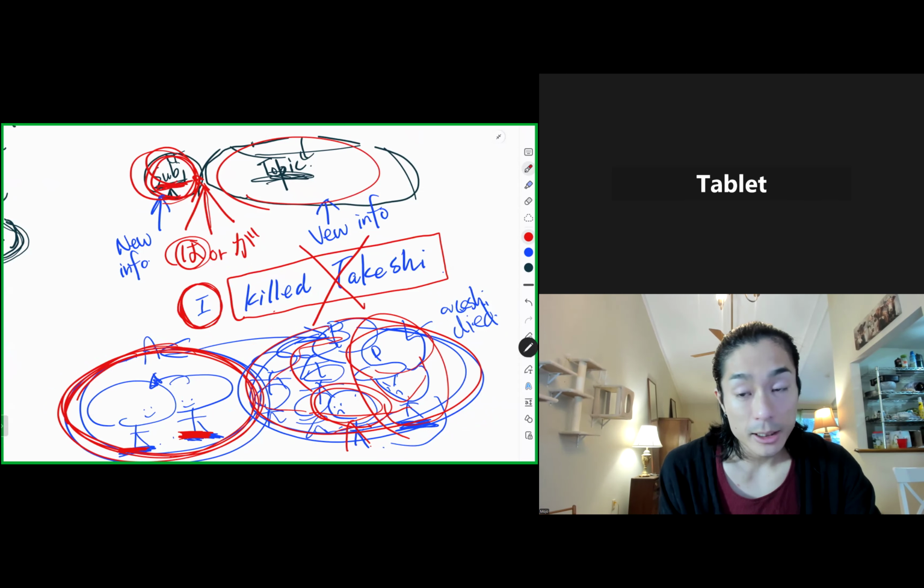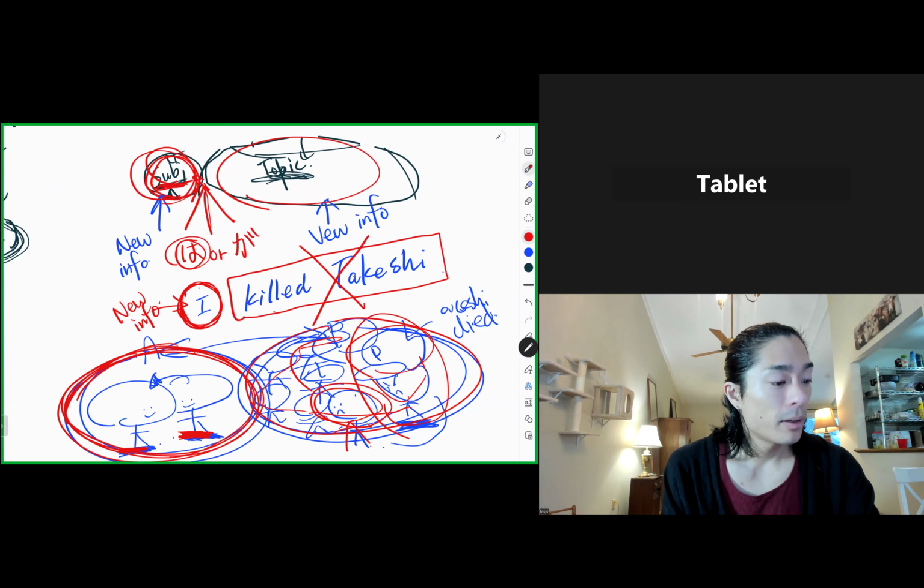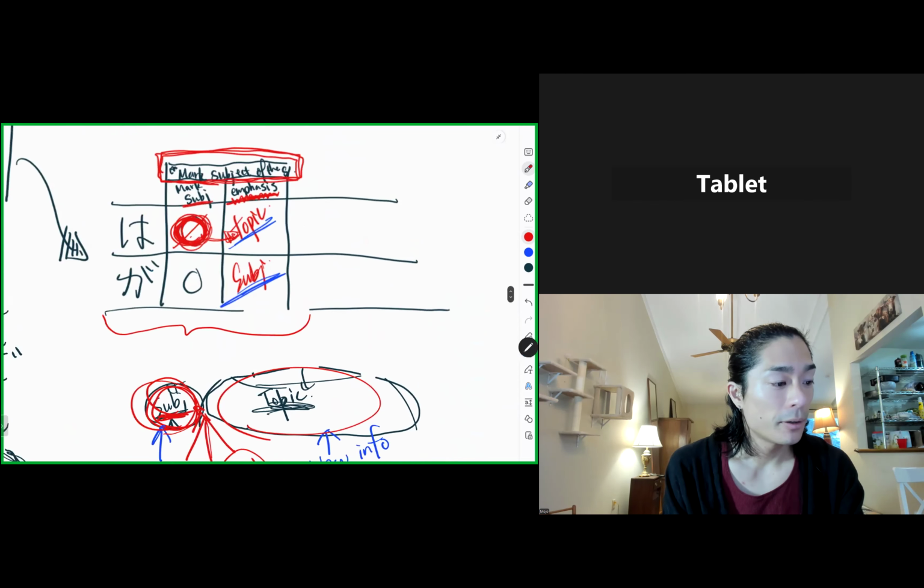So for you in that situation to say I killed Takeshi, this I is the new info to the other person. So naturally you want to emphasize this part by putting ga. That's what it means here. Ga also marks the subject, but then also says, hey, this subject is the most important for the sentence. Okay?